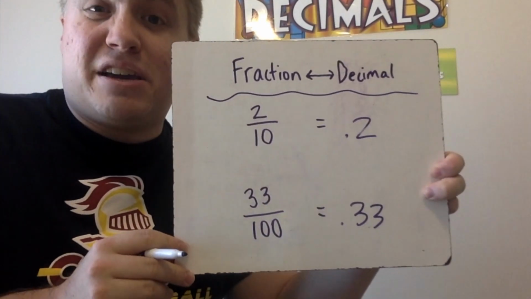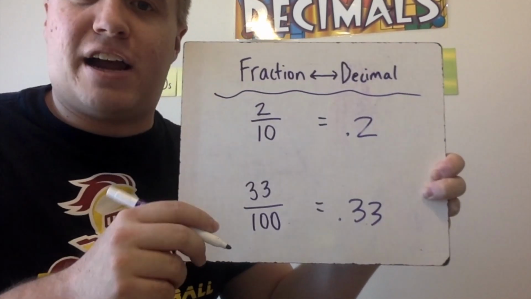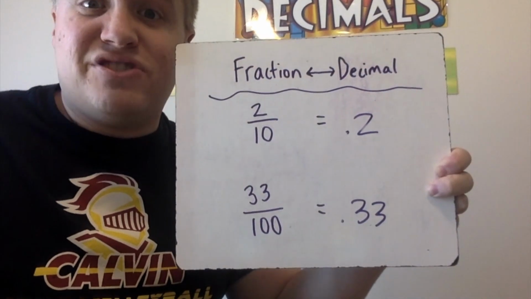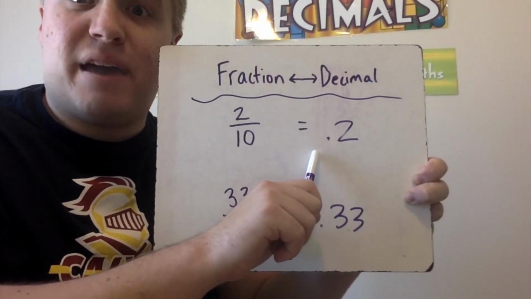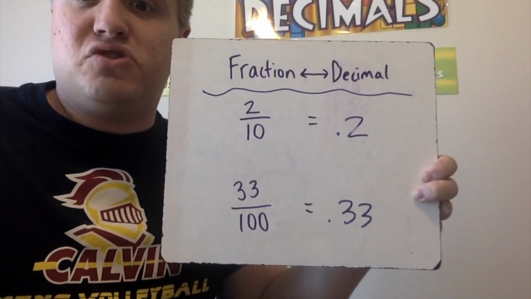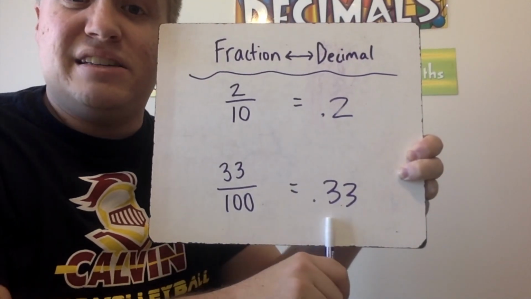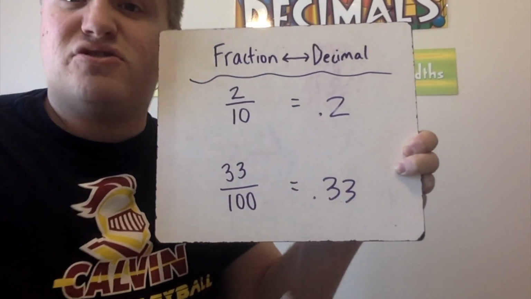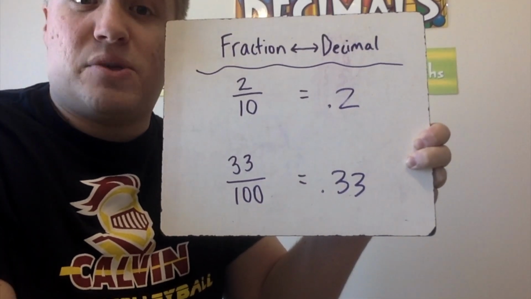So that's how I convert a fraction to a decimal. Again, just like converting a decimal to a fraction, I write it down just as I read it. 2 tenths. Well, I know that if I have a decimal and a 2, the 2 is going to be in the tenths place, so 2 tenths. If I have 33 hundredths, I know that I need both my tenths and my hundredths digit to be used here. And I would just simply read this decimal as 33 hundredths, right?